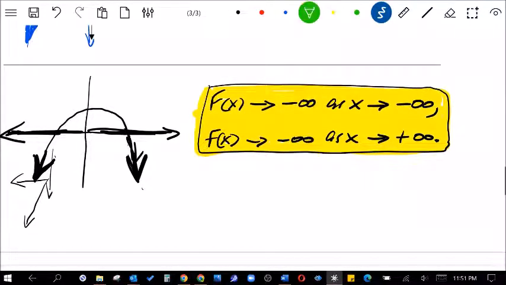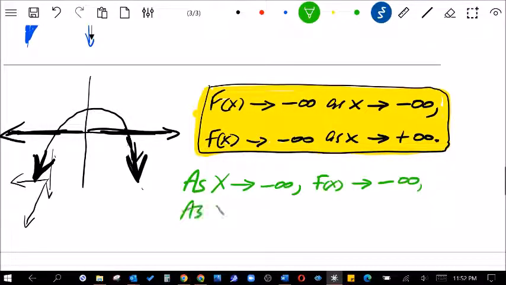The other way to do it is to lead off with the x's. We would say, as x approaches negative infinity, the function of x also approaches negative infinity.